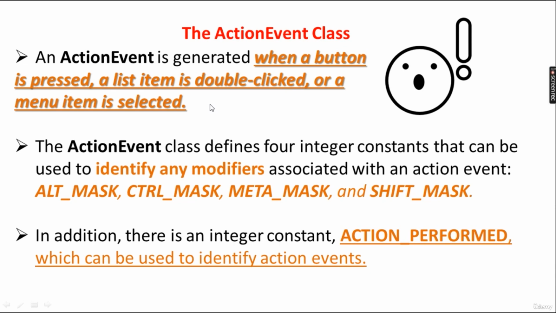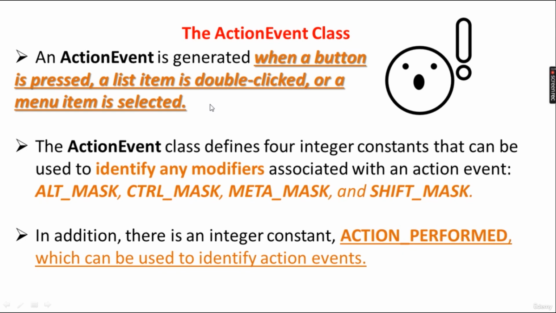What is an action? If a particular action is performed, an action event is generated when a button is pressed, a list item is double-clicked, or a menu item is selected. The ActionEvent class defines four integer constants that can be used to identify any modifiers associated with the action event: ALT_MASK, CTRL_MASK, META_MASK, SHIFT_MASK.